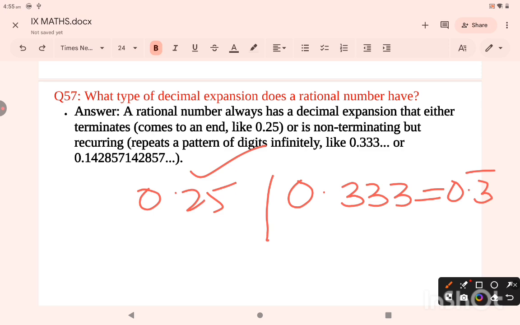This can be expressed in the form of p by q. Here we know that 0.3 bar is equal to 1 by 3. This is in the form of p by q. So, all the terminating decimals and all the non-terminating, repeating decimals are also rational numbers.